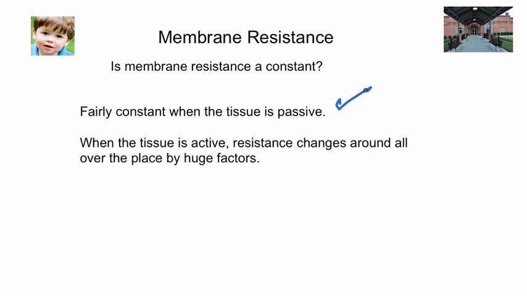It may change its value enormously if the tissue is active. So no when it's active. Now, you recall, living tissue can be passive or living tissue can be active. So whether you can use resistance as a constant or whether you have to forget about that and just think of it as another variable depends on the state, whether it's a passive state or an active state.